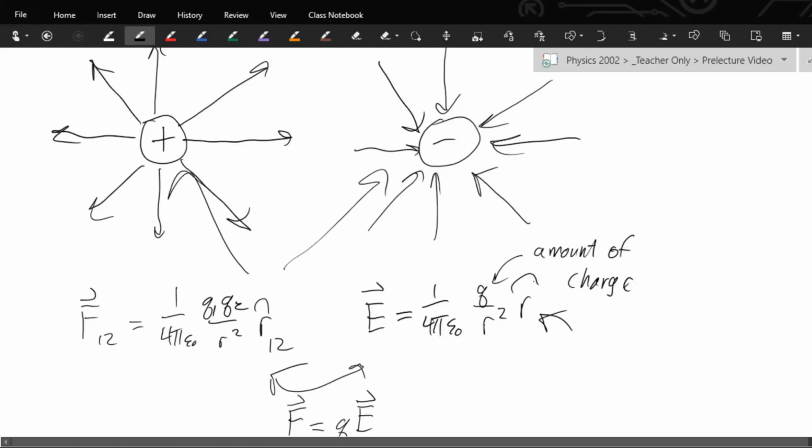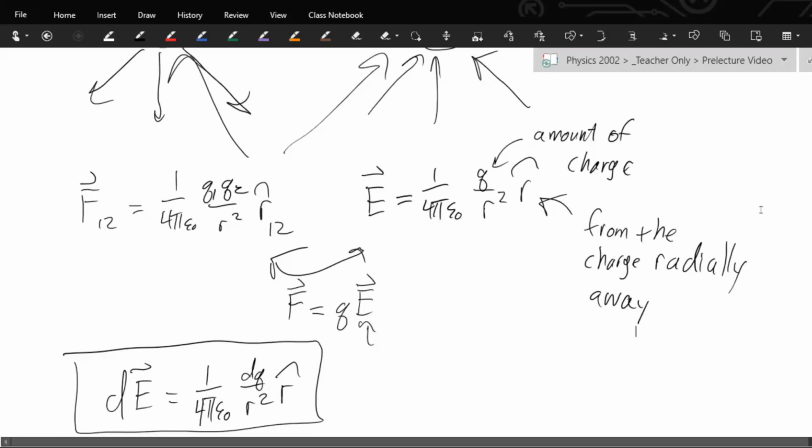And this r hat is going to point from the charge radially away to the point of observation.